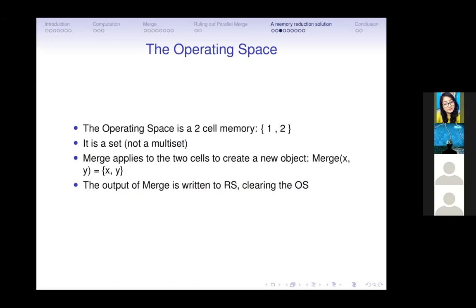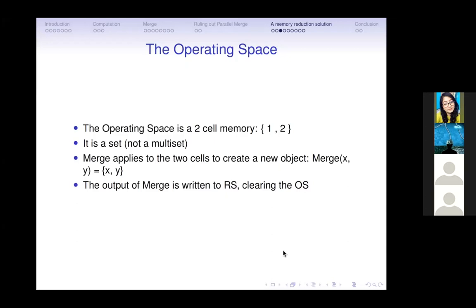Unlike the resource space, the operating space is limited in size. The resource space has no specific limit in its size. You can put what you want into it, but the operating space is a 2-cell memory, which I've just notated here as a set with 1 and 2. It's a set, not a multi-set. That's for reasons we don't need to care about too much here.